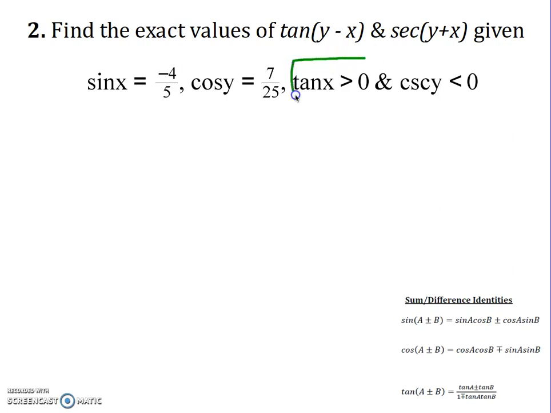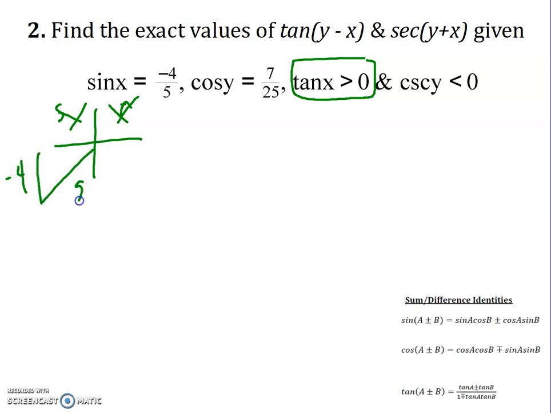So for x, tan is greater than 0, so sine is negative. All Students Take Calculus, so I'm not in those 2, and tan is positive. Sine is opposite, so this is -4, hypotenuse 5, and this guy is -3. This is x.